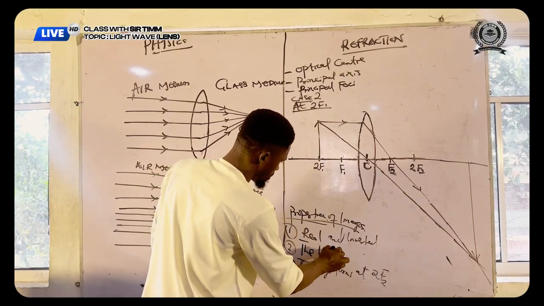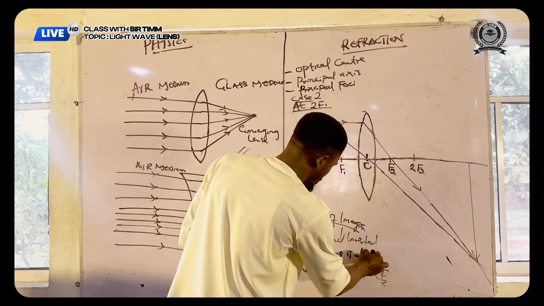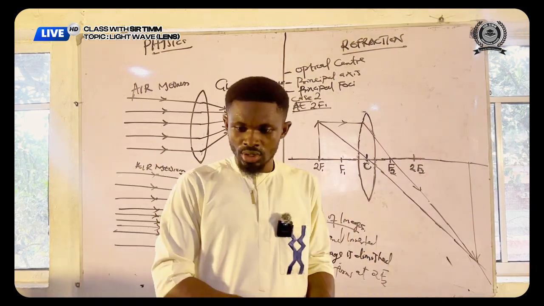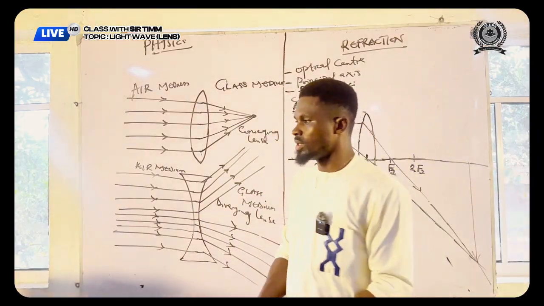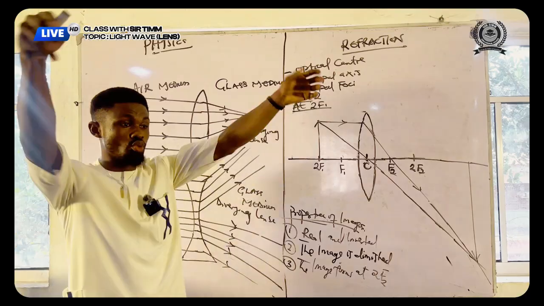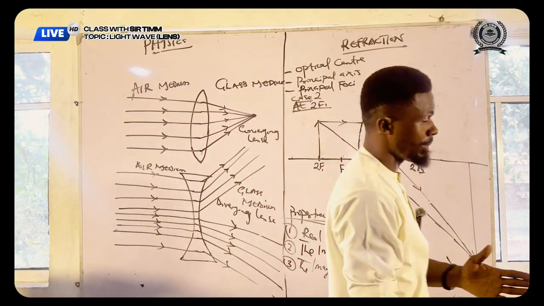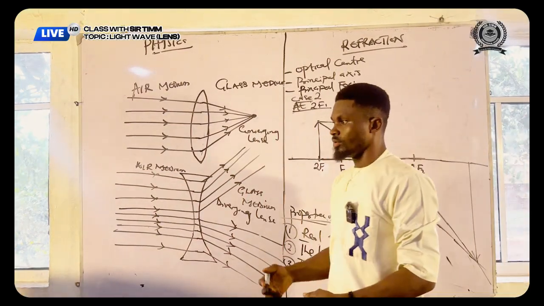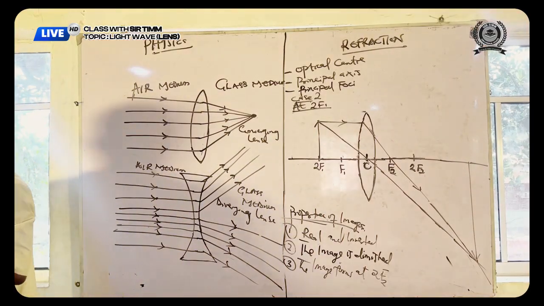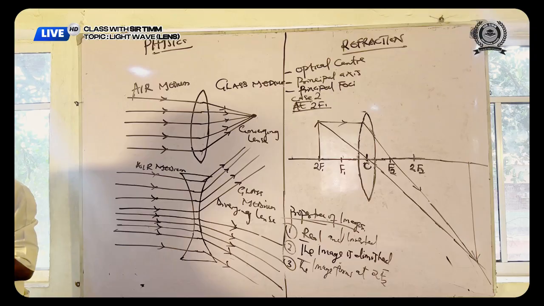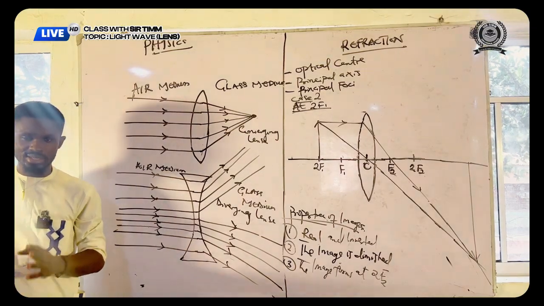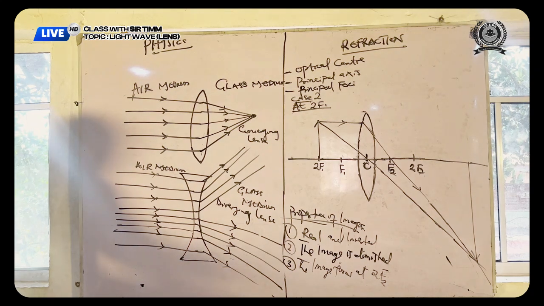The image is diminished. So I think I will be using hers. I think she is getting the measurement proper. You can only confirm by yourself anyway, because someone can make a mistake. For the second time now, I'm confirming that she is doing it proper. So it's real, inverted, diminished and formed at exactly 2F2, and that is where hers was formed.